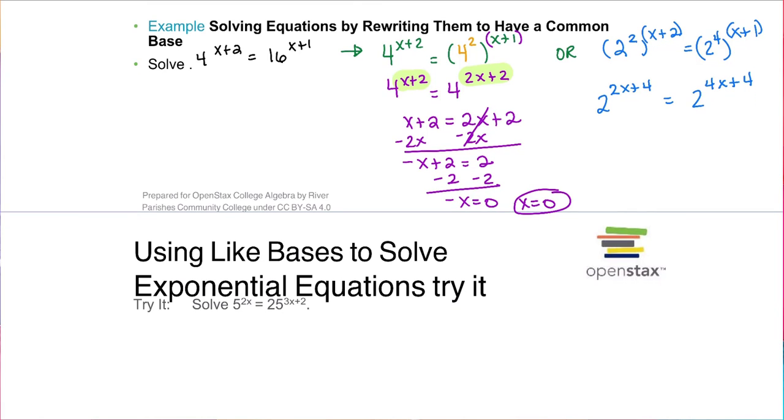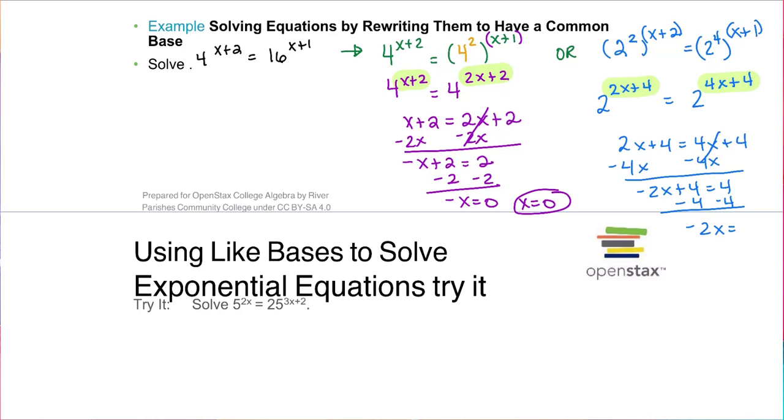And then now that we have them written as a common base of 2, we can set the exponents equal to one another. And I'm just going to subtract 4x on both sides, and I get negative 2x plus 4 equals 4. When I subtract 4 on both sides, look what happens.